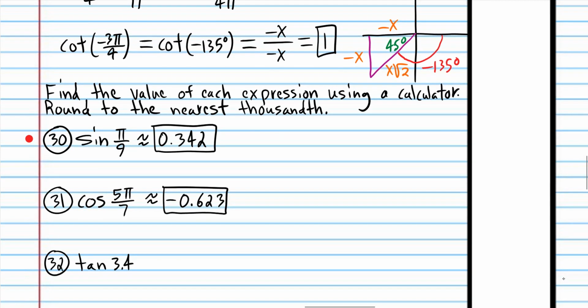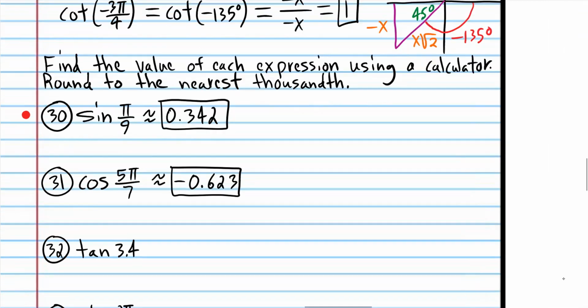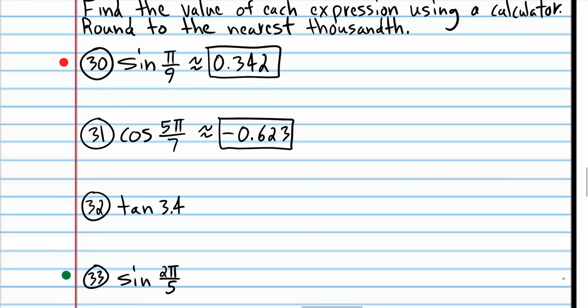Again, if you're using an iPhone, press 5 and then times the pi button and then equals, and then divided by 7 and then equals, and then push the cosine button, so it's all backwards. I know that's confusing, but that's just what you have to deal with.